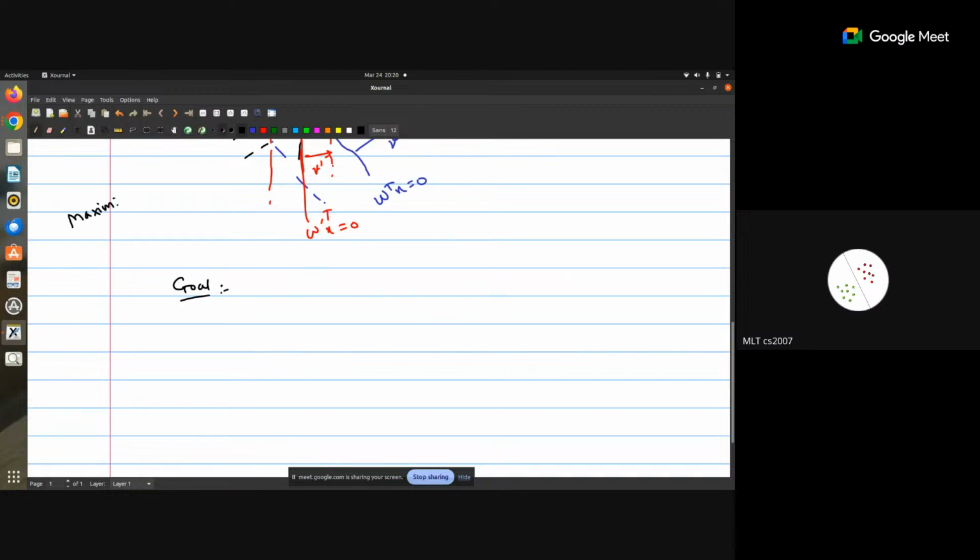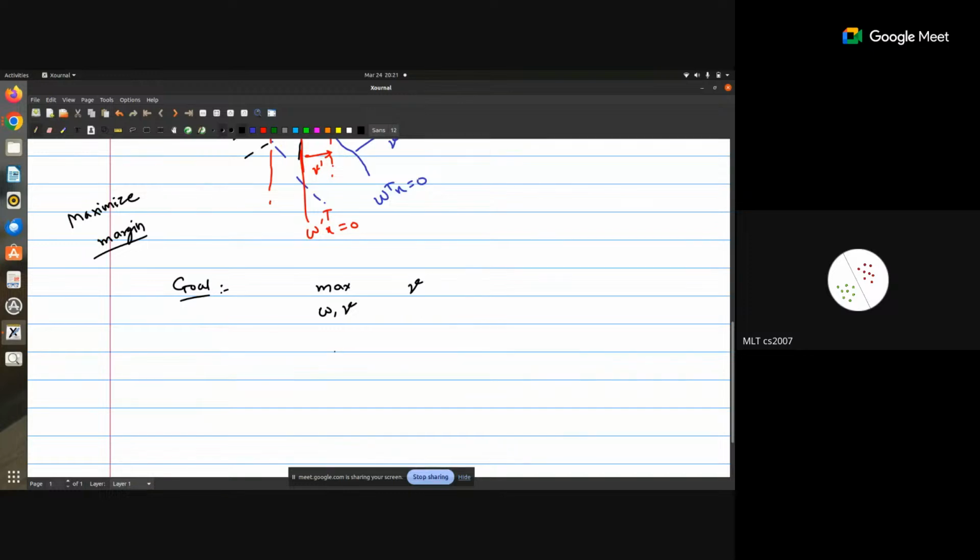Whatever W maximizes that margin will be my optimal solution to this problem. So can I formulate this problem? The formulation will be like this: maximize gamma for that W.